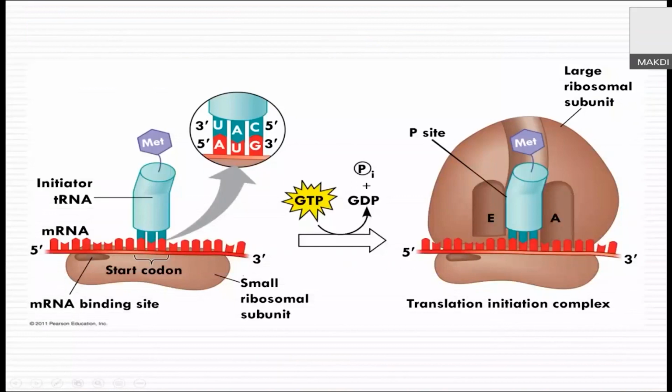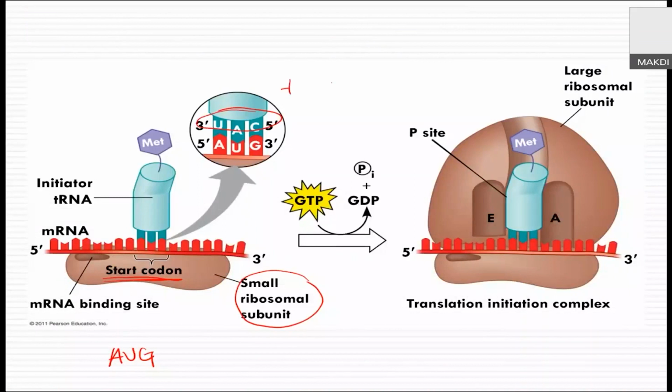First initiations, what happen is the mRNA will bind to the small ribosome subunit, and then they will scan until they find the start codon. Dia scan sampai dia jumpa start codon. What is the start codon? AUG. Jadi start codon dia akan cari antikodon dia lah.